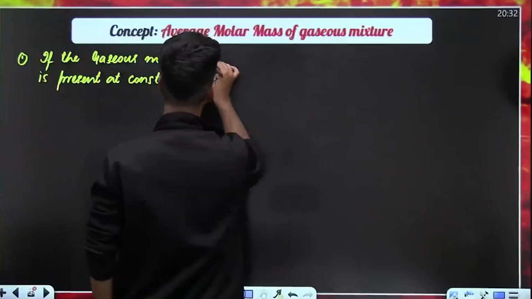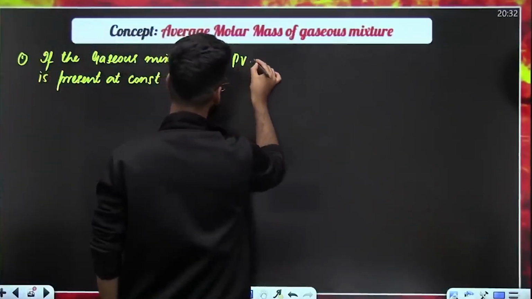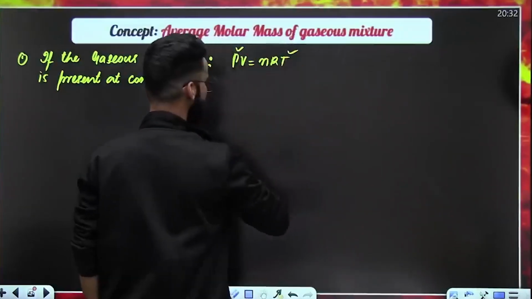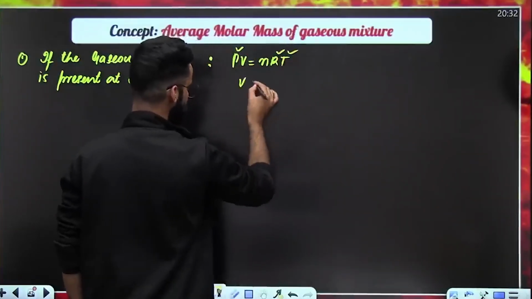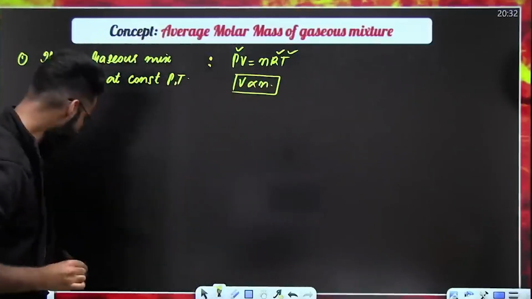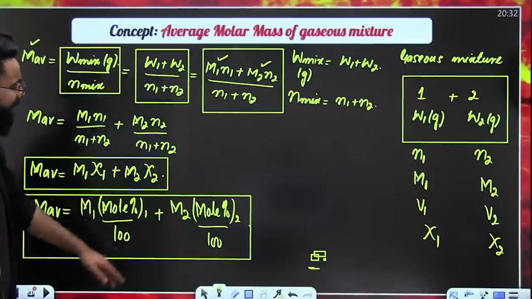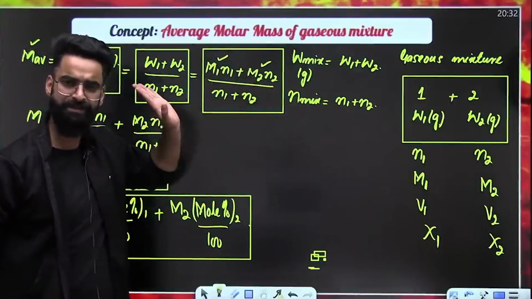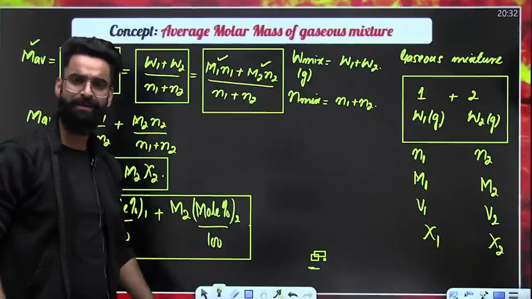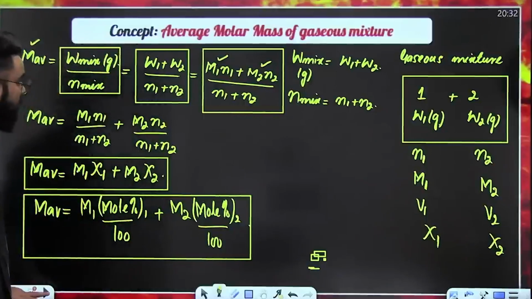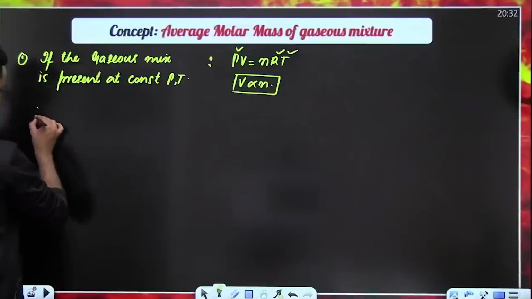My dear students, you know, as per the ideal gas equation, PV is equal to nRT. If the pressure and temperature of the mixture are kept constant, R is already constant, so I can say volume is directly proportional to moles, right? So wherever in this equation you see moles, replace the moles by volume.